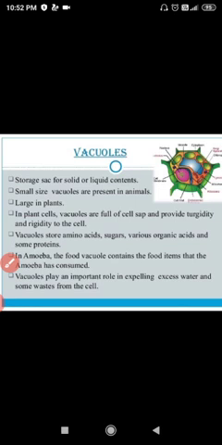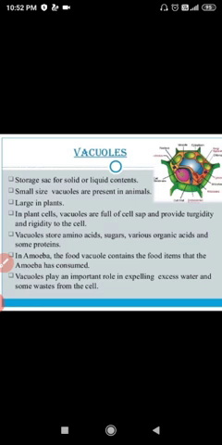It is a little bit difficult to write, so I am spelling it. Tonoplast. What is tonoplast? The vacuole is bounded by a bubble-like sac, and that membrane which covers the vacuole is called tonoplast.